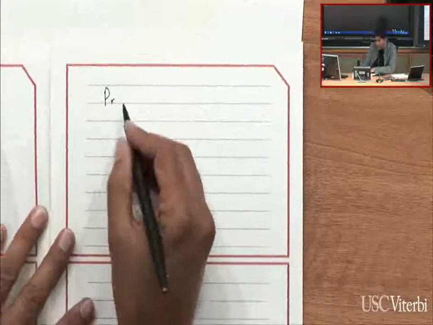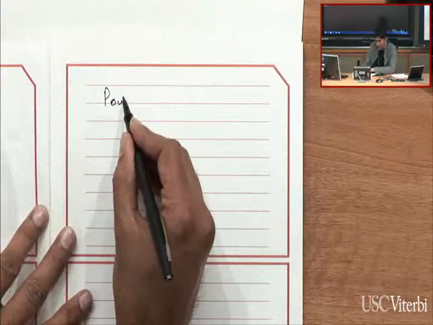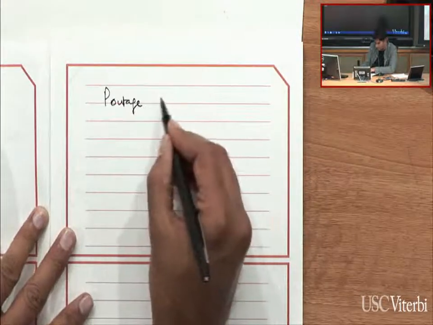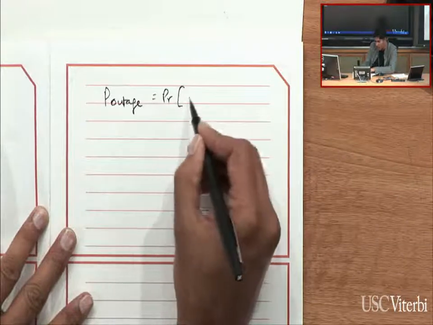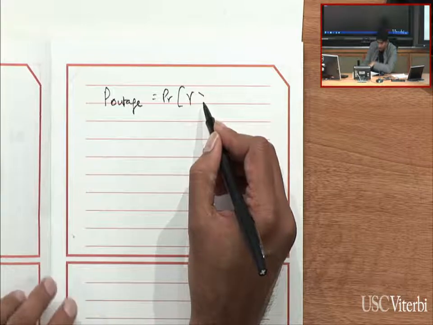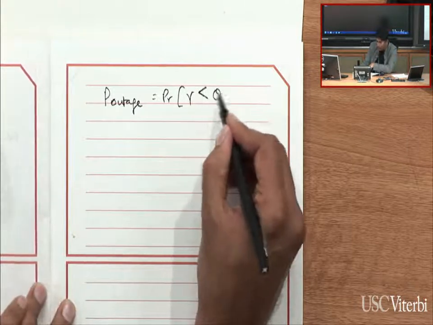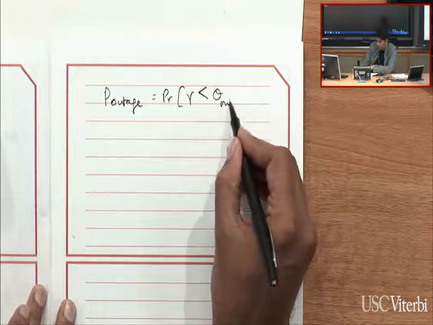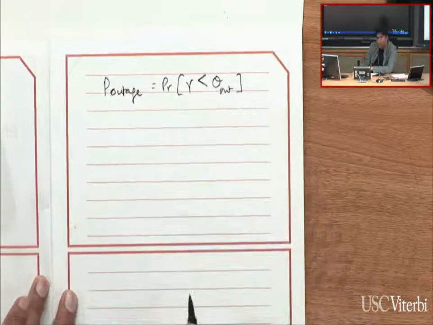So you start with this outage threshold, and then you just say, what is the probability that your link is in outage? What we called P outage is the probability that your gamma ever falls below this outage threshold. Okay.